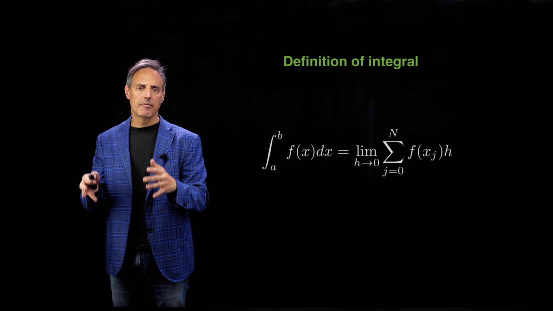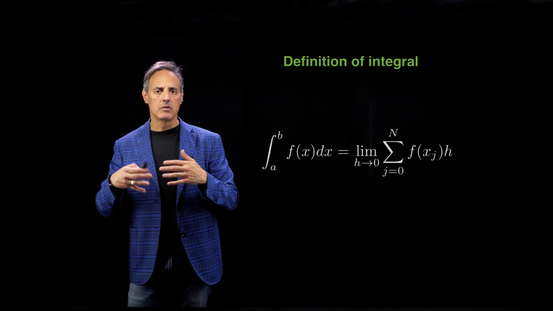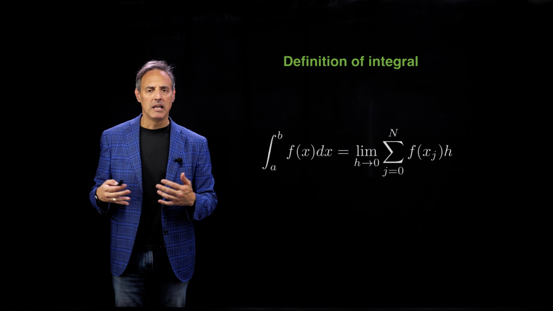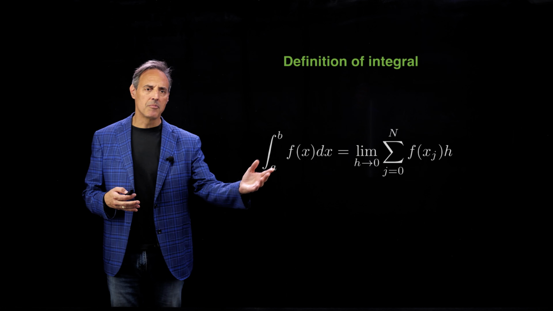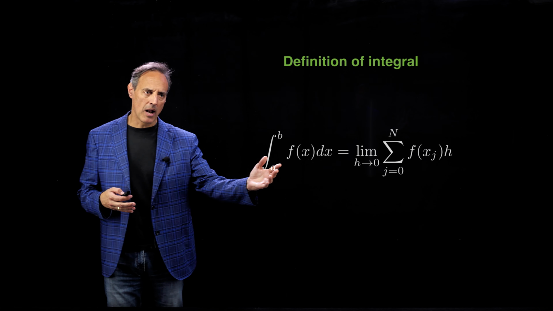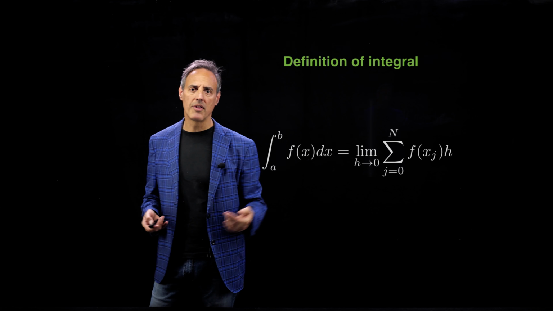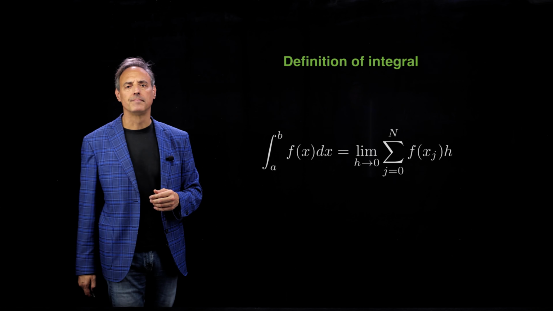But just like with differentiation, where scientific computing simply says we're going to undo calculus, integration does the same thing. I'm not going to go to the limit. What I'm going to do is take a finite set of rectangles of width h and just add them.